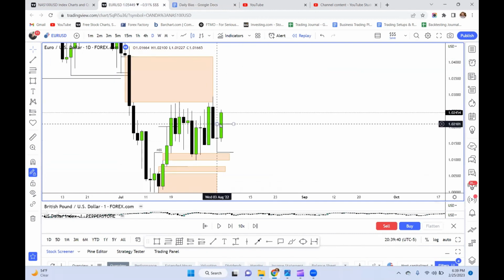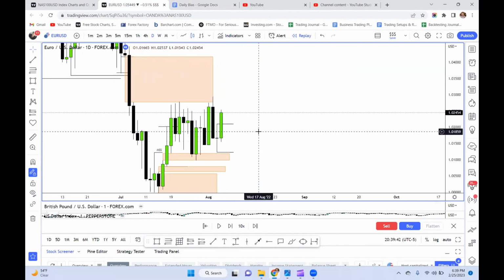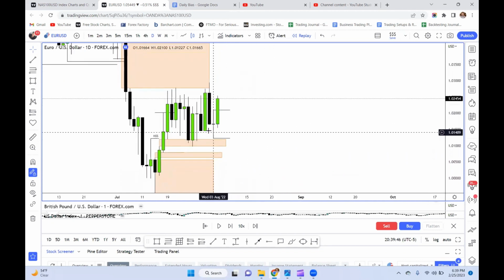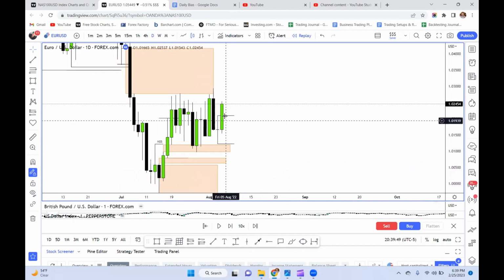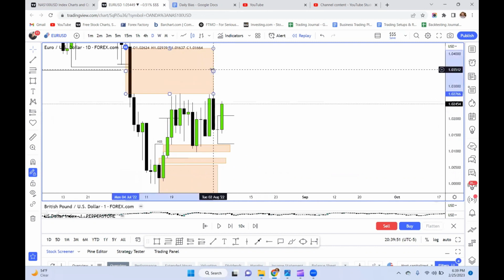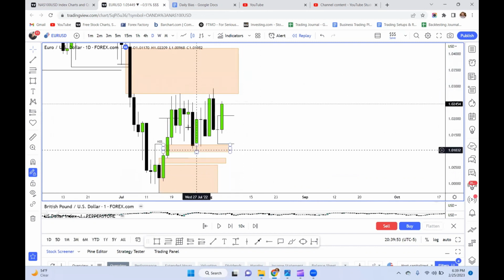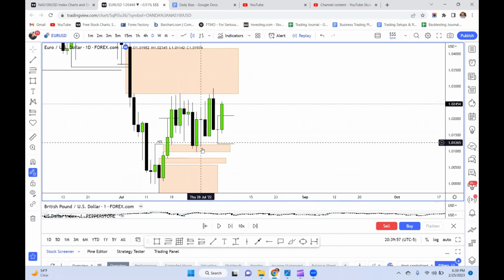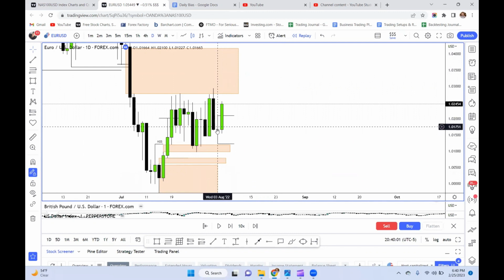So right here, we could have had a losing day, and that is totally fine. But now, at this moment, bias for me is neutral because price can run up into here. I mean, what phase is it in? It could be in a retracement phase. It could retrace down into like an order block or something. Who knows what it just retraced into?